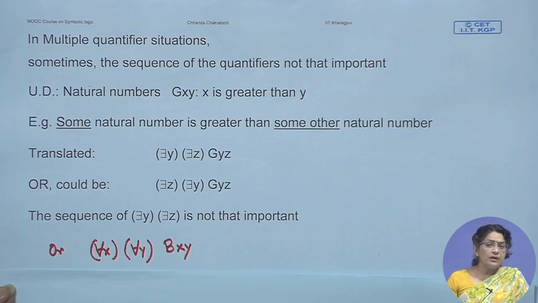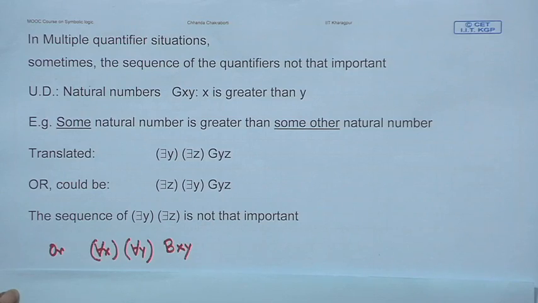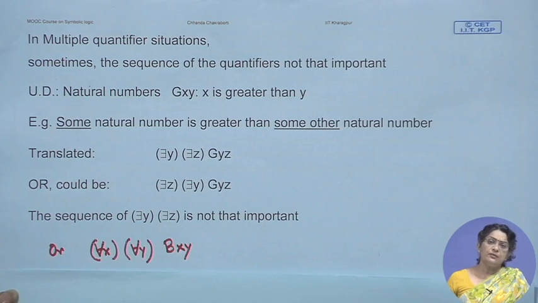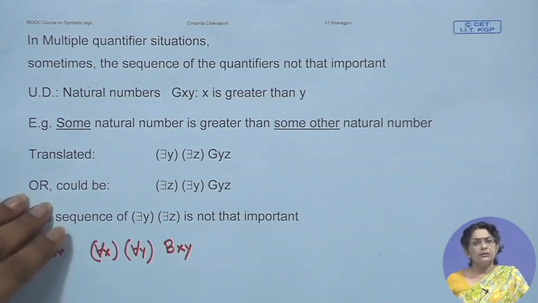If you want to say that everything in your domain is connecting to every other y in this way, then so be it. So, when you have the same kind of quantifiers lined up, the sequence could be important, but it is not that important as in the case when you have a mixed sort of quantifier.